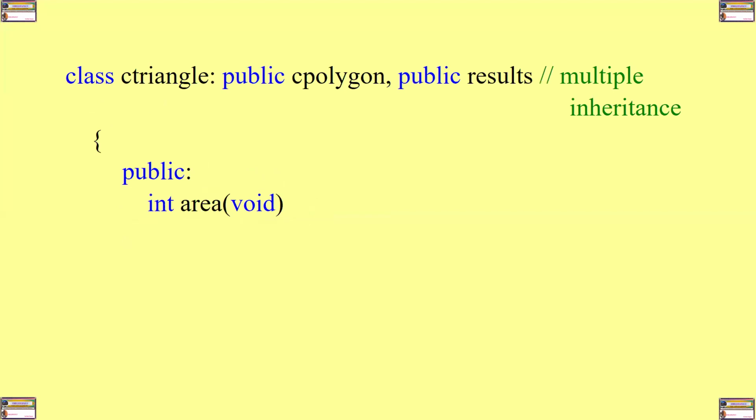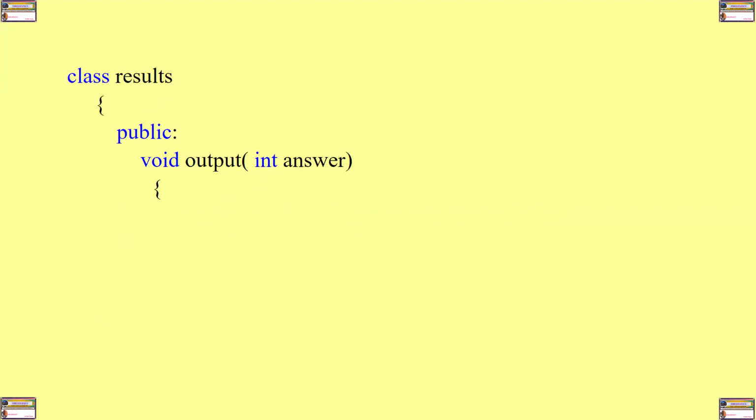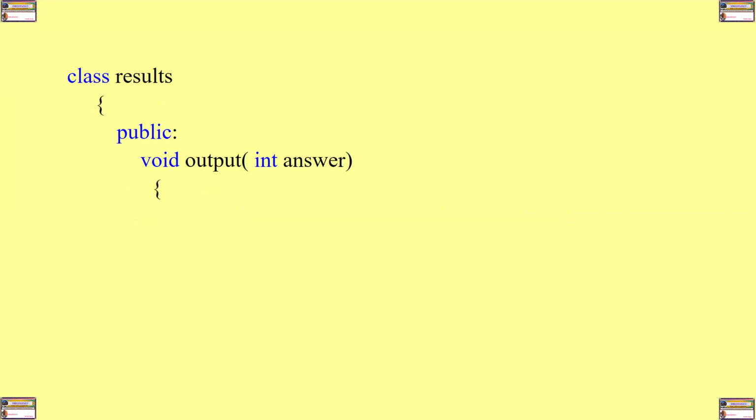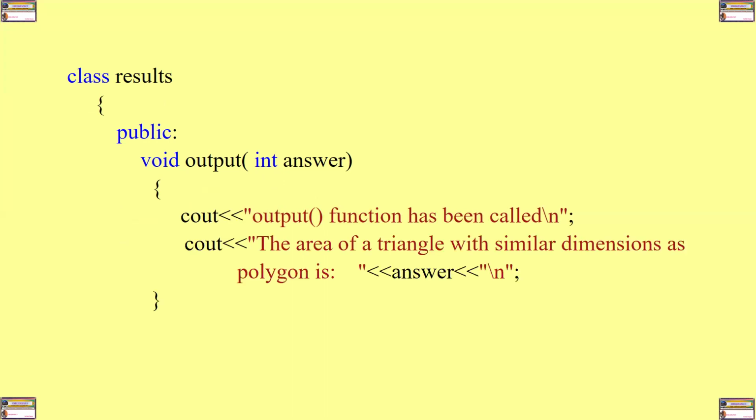Output has been defined in the class called results. So what it is going to do is that the program will display this statement. It will go to the output method, or function, perform this activity, and generate the value called answer.